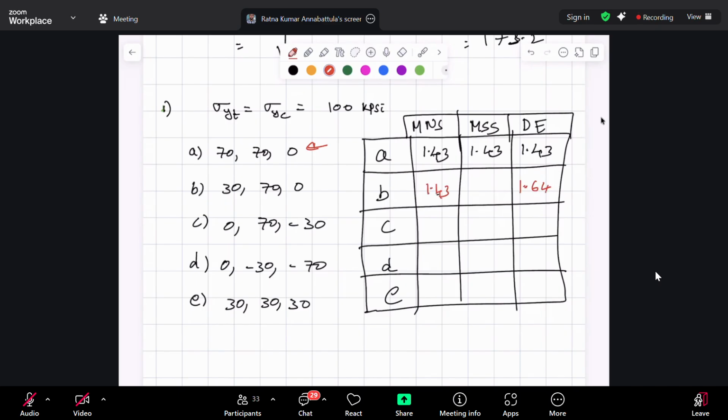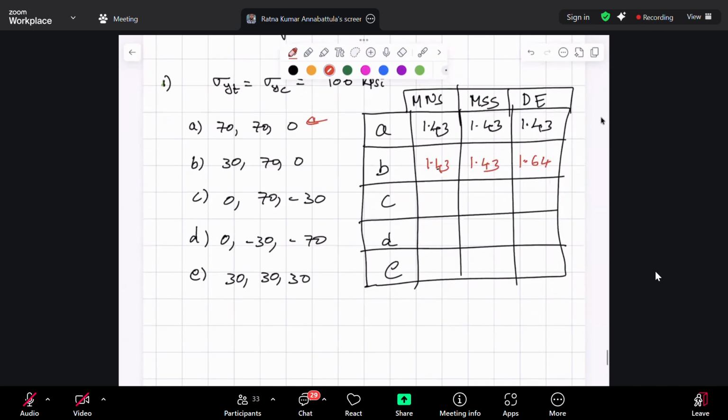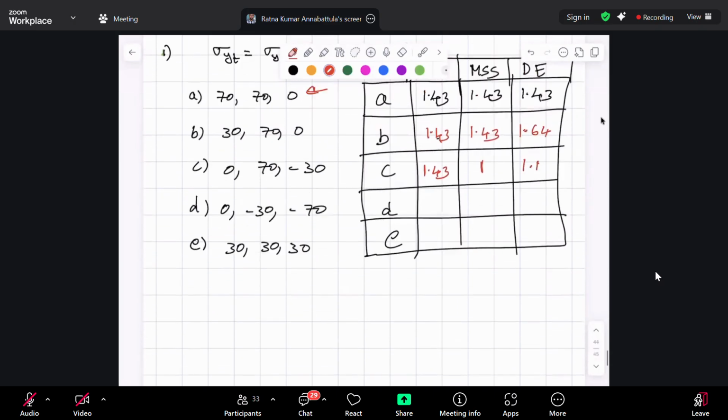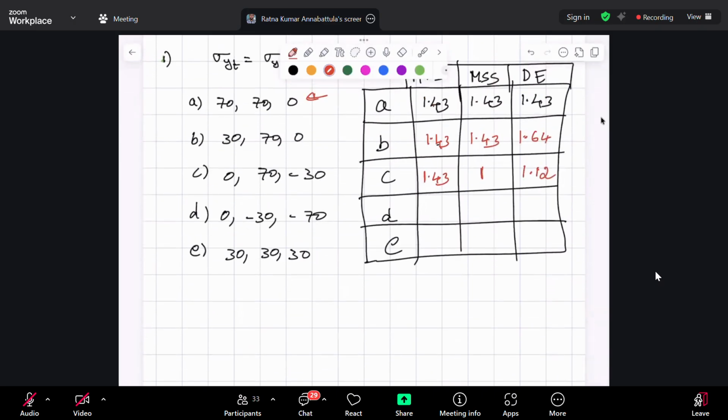Okay. Case C: normal stress theory is 1.43, shear stress is 1.2, sir. So that means, according to shear stress theory, it is failing. Yes, sir. Correct.